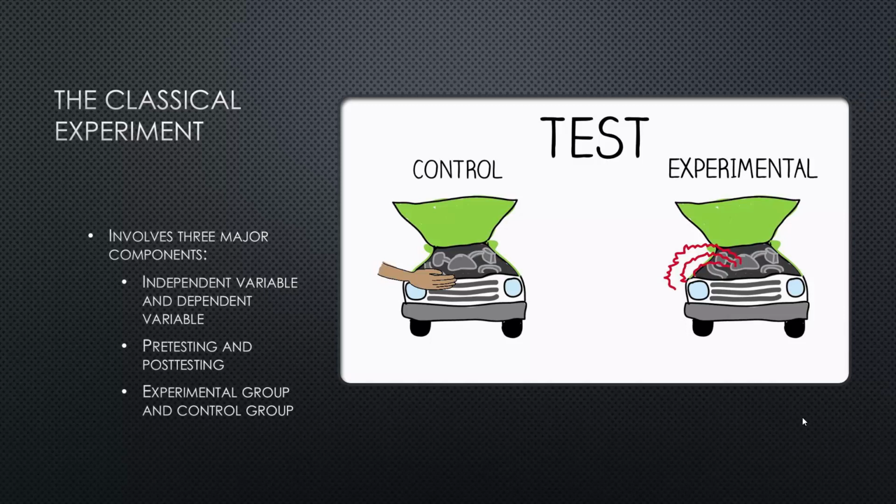You must also have pre-testing and post-testing, right? So you measure your dependent variable before you enter your independent variable into the equation. And then after it's been entered, you test it again, right? So if I want to know if drinking alcohol makes me pass a field sobriety test, well, then I'll first complete the field sobriety test, like do the thing where you touch your nose and the ABCs backwards and all that shenanigans.